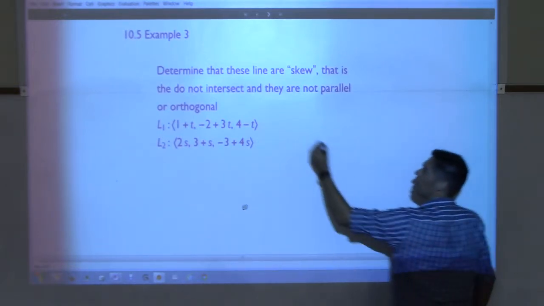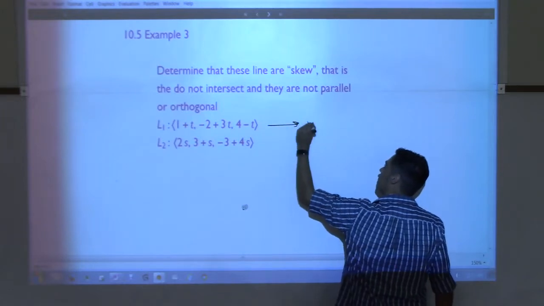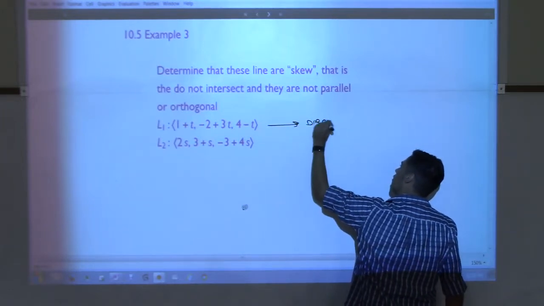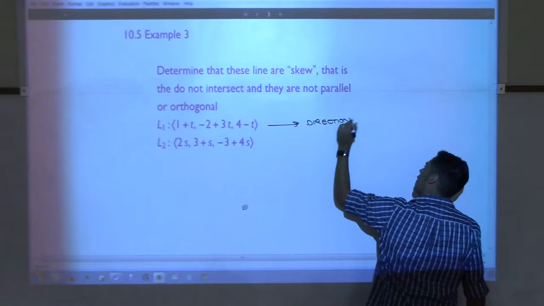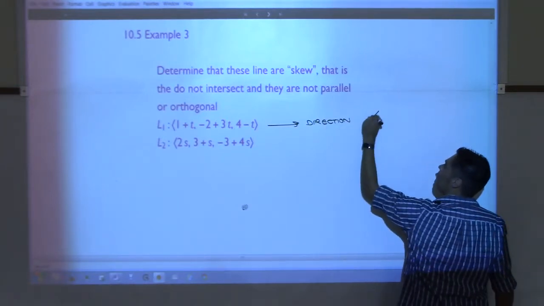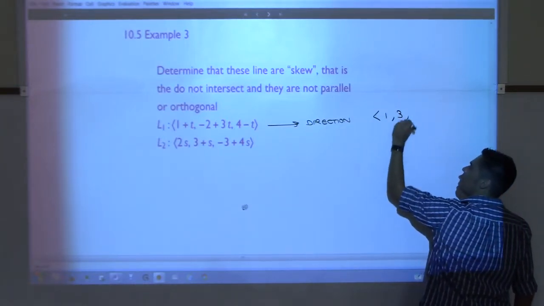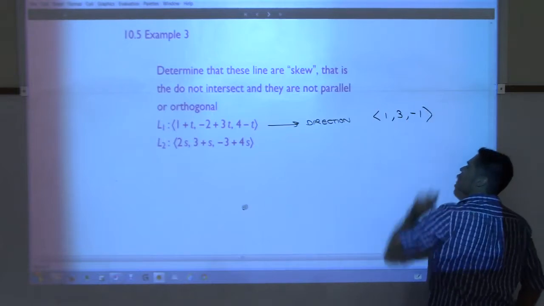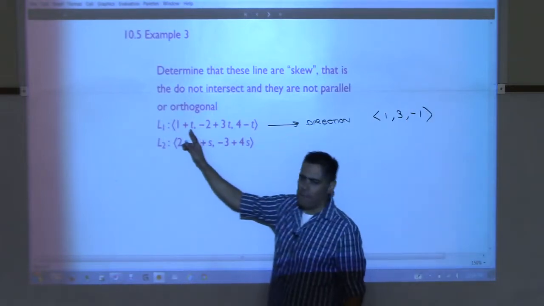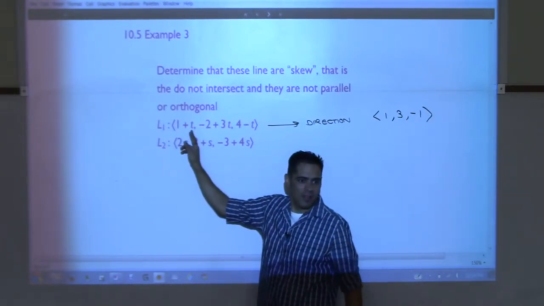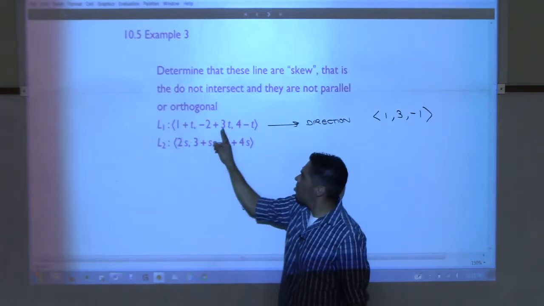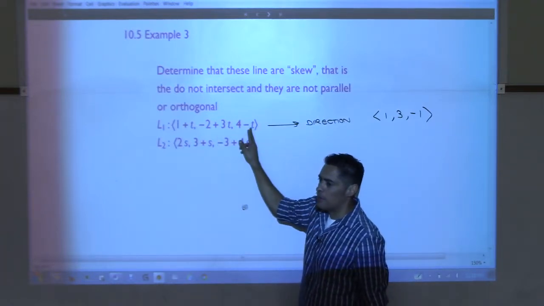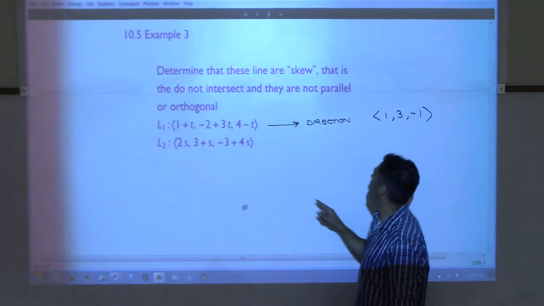So what is the direction vector of this line? The direction vector is 1, 3, -1. So you're basically pulling the coefficients off the t's, right? That's all you're doing. There's a 1 here, a 3 here, and a -1 here. So the coefficient on the t's gives you the direction vector.